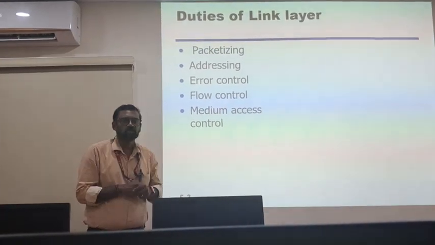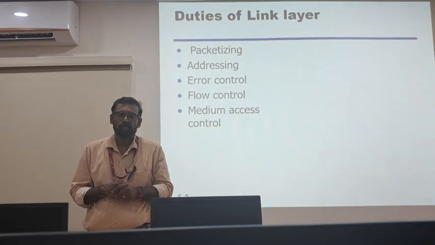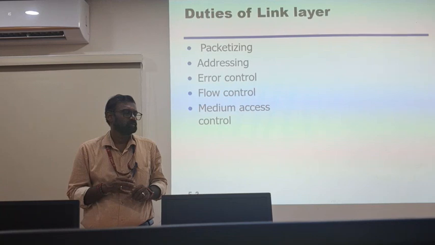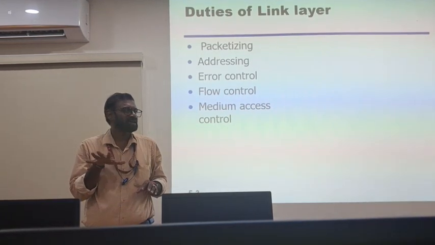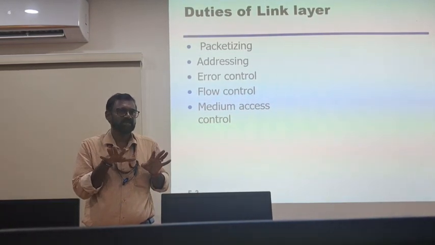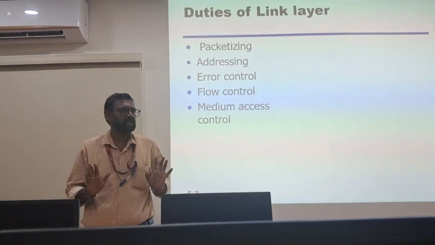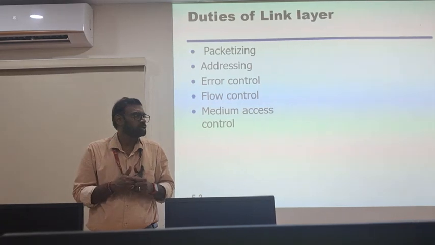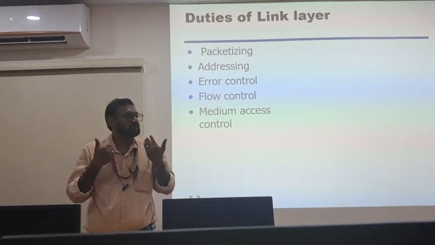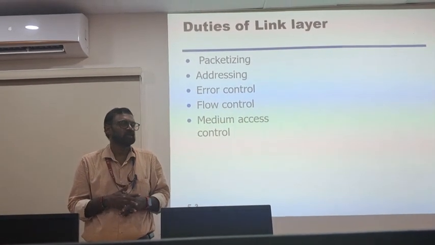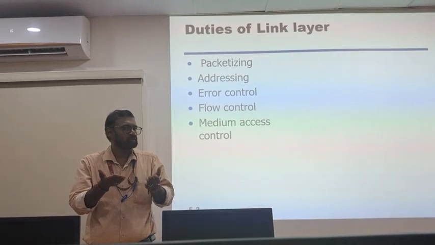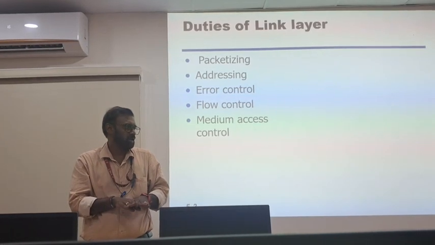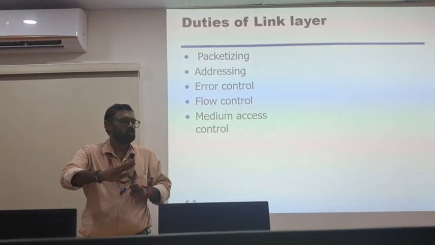The flow control means what? How the flow of transmission is matched, synced. Suppose I am taking class. I am taking class very fast, so you find it hard to follow. If I understand that the students are not able to understand, I can reduce my speed of taking class so that you can match.